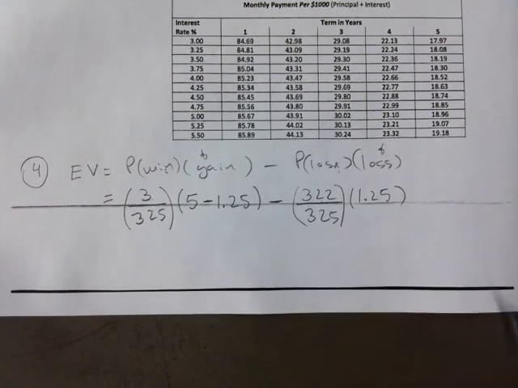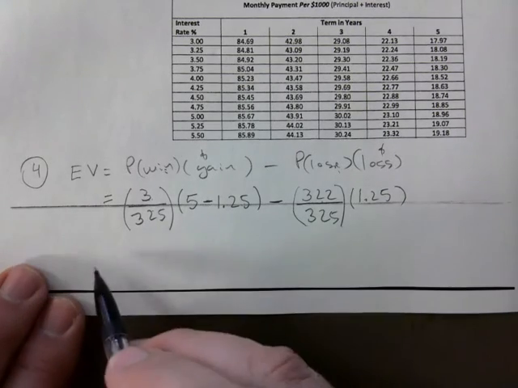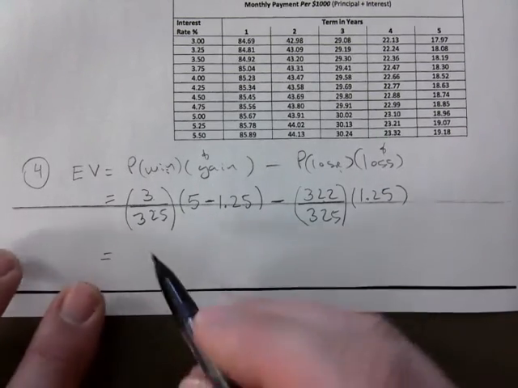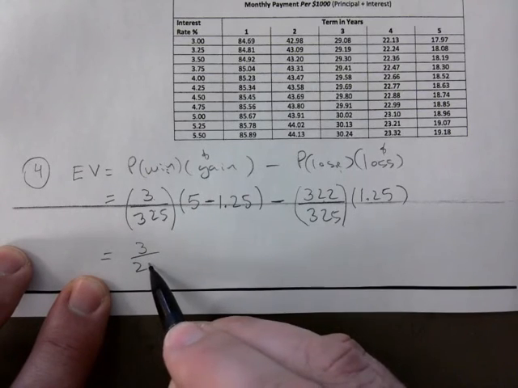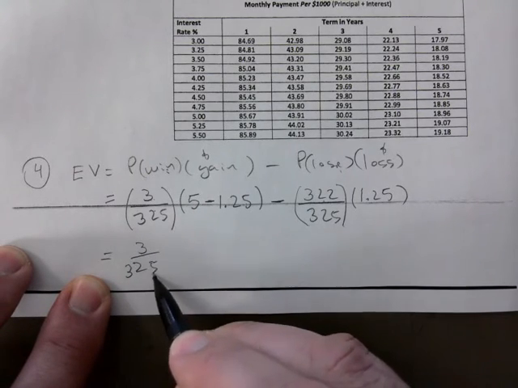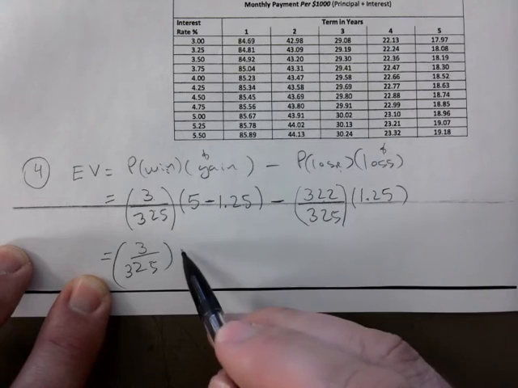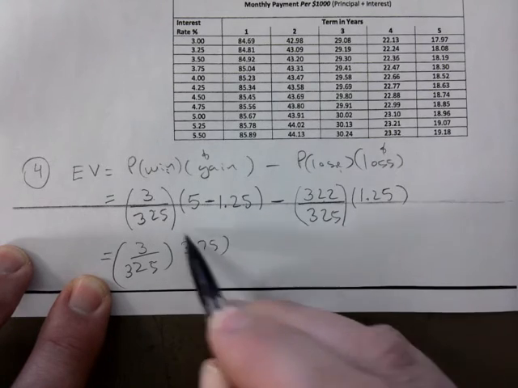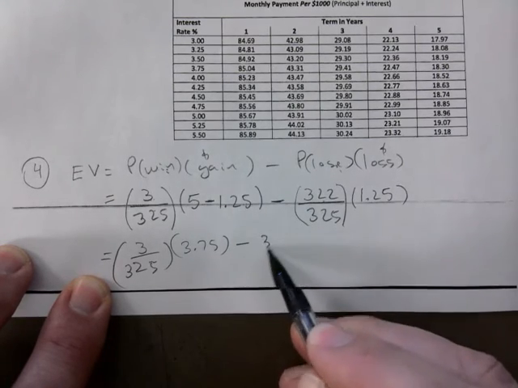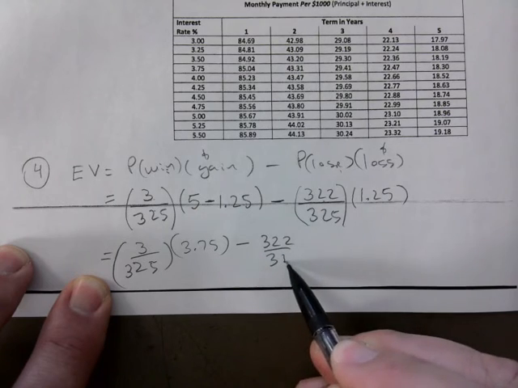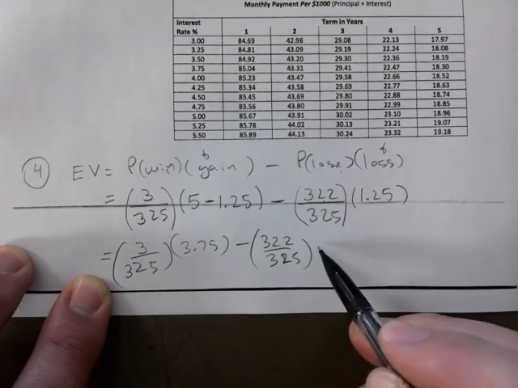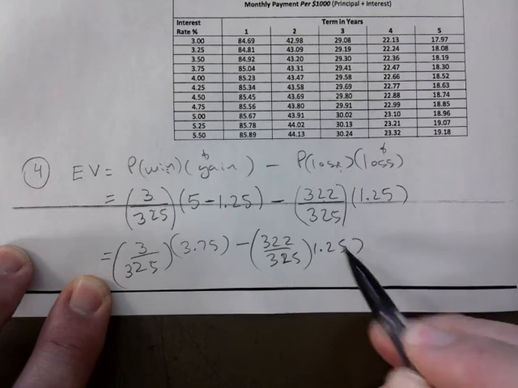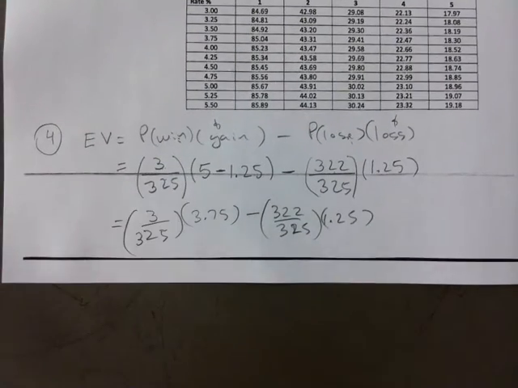If you don't win, then you would just lose $1.25. And now you need to do a little bit of work, clean it up. I will leave it like that. This is 3.75 here. If you subtract this, minus 322 over 325 times 1.25. And now I grab my calculator.